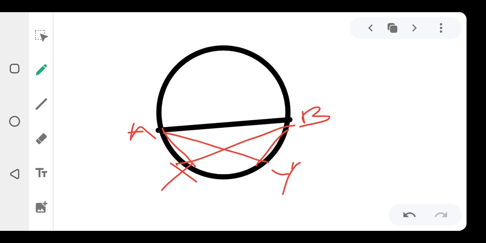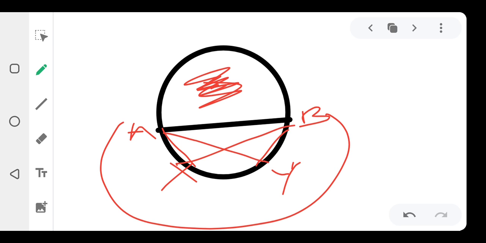I told you what a segment is. This part is the major segment, and this part is the minor segment, the smaller one. These particular angles here are formed in the minor segment.